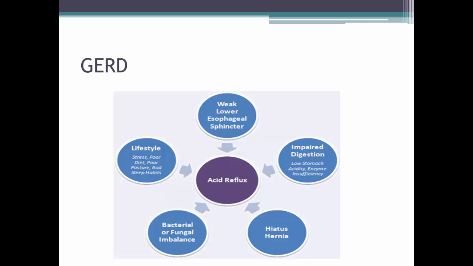Now let's talk about gastroesophageal reflux disease. Remember that the main concept is that this is an incompetent esophageal sphincter that allows reflux of gastric content into the esophagus, causing burning pain. So there's a weak lower esophageal sphincter that allows content to go up into the esophagus.